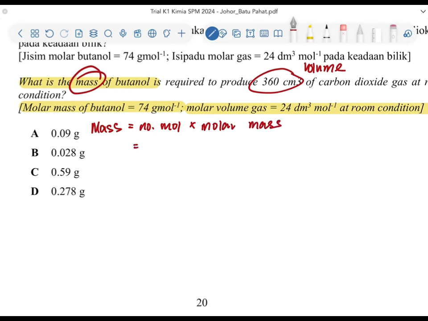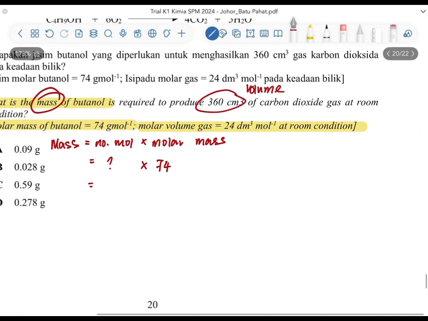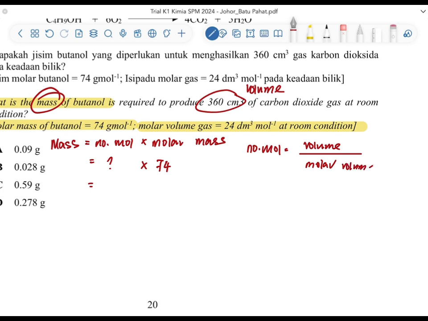For this formula, we already know the molar mass of butanol is 74, but we don't know the number of mole. But the information given is volume, so we can find the number of mole equals volume divided by molar volume. But we need to know that this volume of gas given is in cm3 unit, but over here the unit of molar volume is dm3.